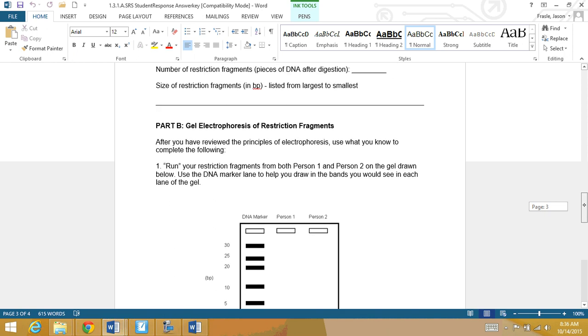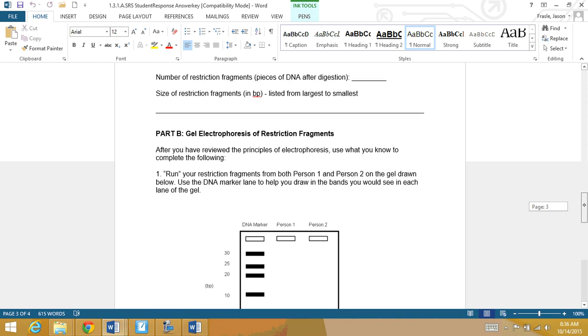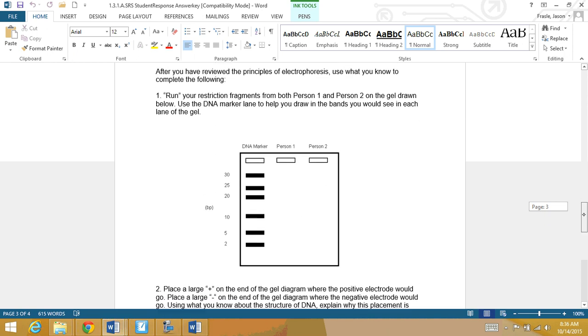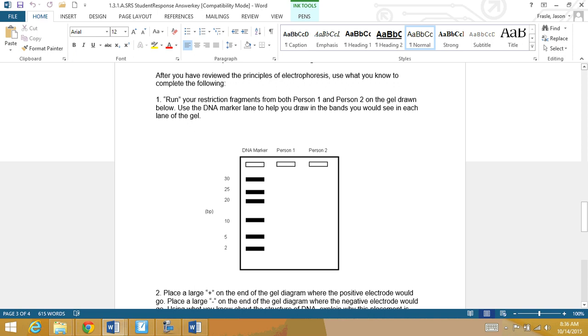So in part B right here, gel electrophoresis for restriction fragments. So this is our gel. It's going to be made out of agarose, which is the same thing as you guys made your gel out of in biology with agar. Now, all the time when we run a gel, it's called literally running because it runs down the gel.